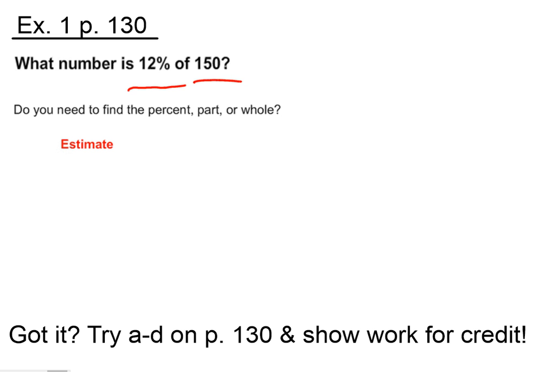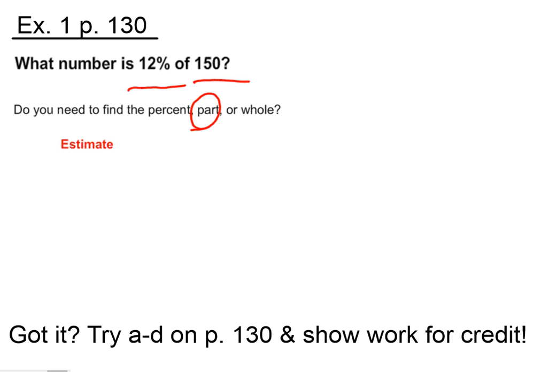We know the whole is 150, so the only thing left is to solve for the part. Now, before we start solving with an equation, let's estimate to see if we can get an idea of what our answer should be. So we need to figure out what number is 12% of 150.